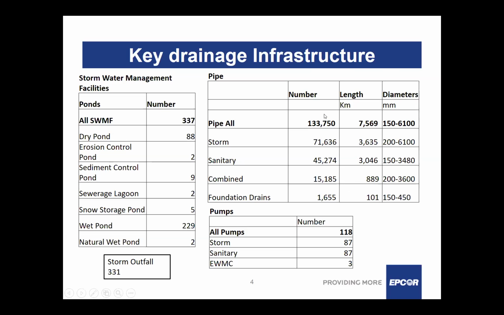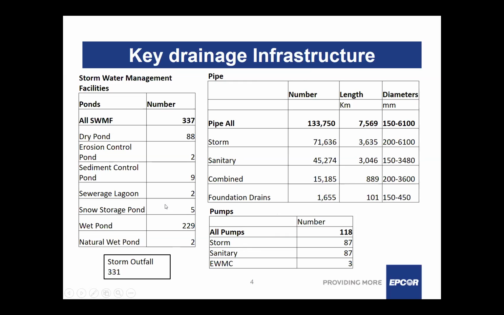This is the length and also the diameter ranges that we have. We also have some pump stations within the system, and as you can see, the majority is almost split between storm and sanitary pumps.